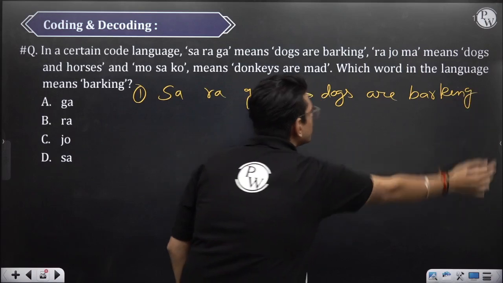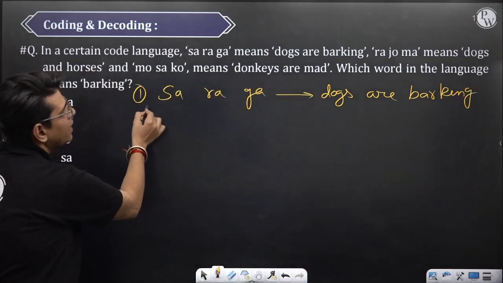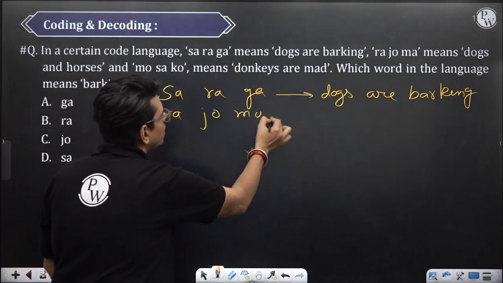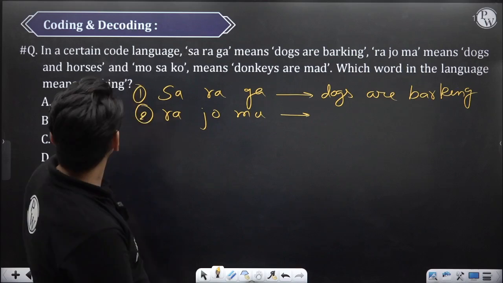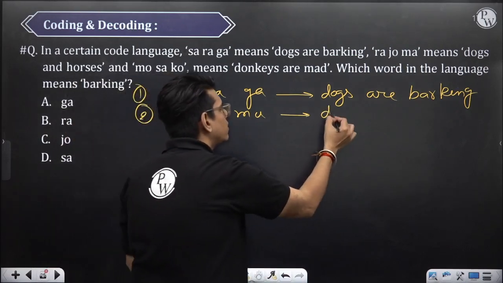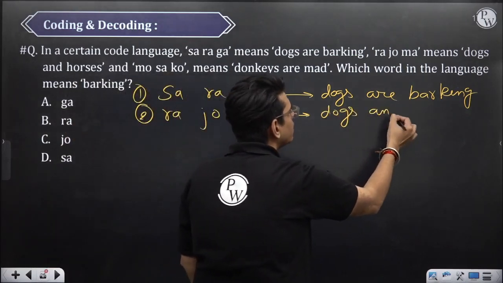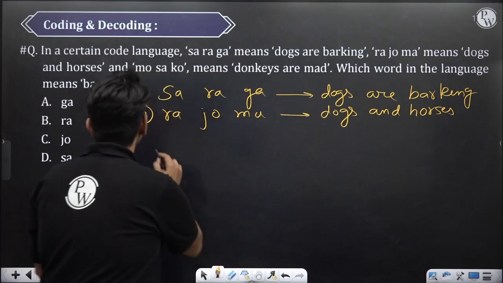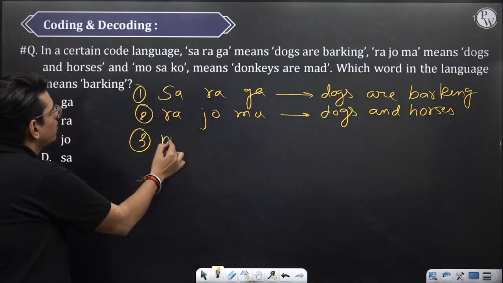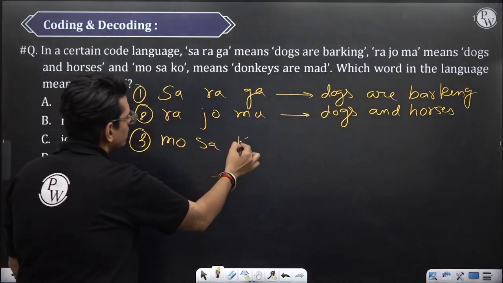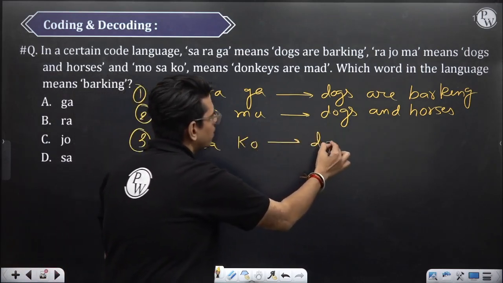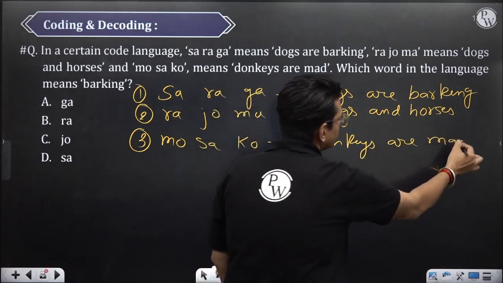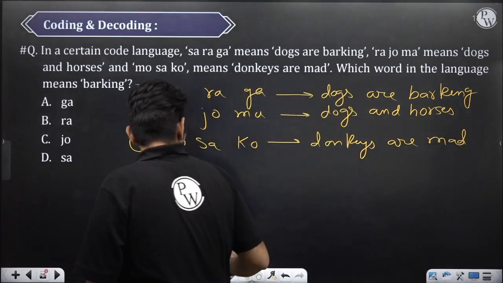This is the first. Then the second, ra jo ma, is nothing but dogs and horses. Then the third one, mosako, is nothing but donkeys are mad. This is given. Now let's start comparing.